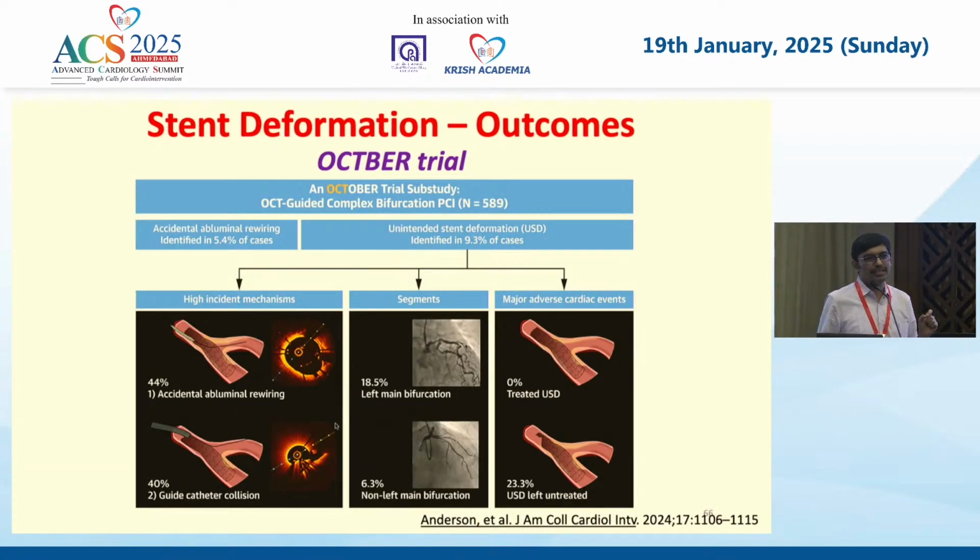Again, it has shown an 18.5% deformation rate in your left main stenting. And the most heartening part is if you identify them and correct it, the 2-year event rate is 0%. So that is the most important role that imaging plays when you do left main stenting, because the left main is one subset where abnormalities go undetected even for a highly experienced operator.